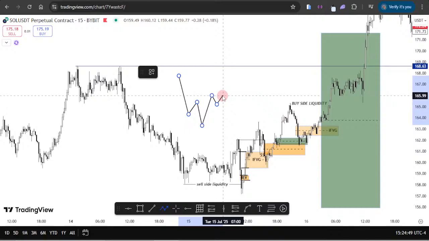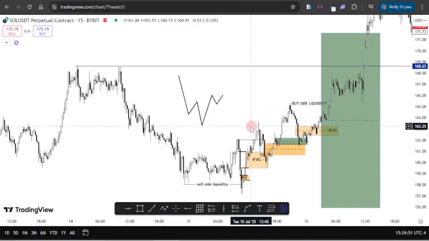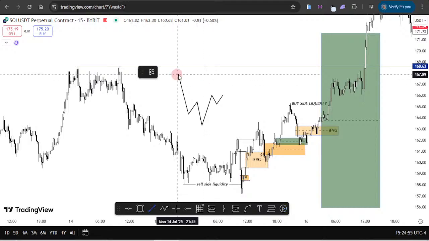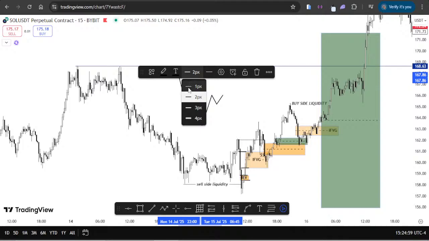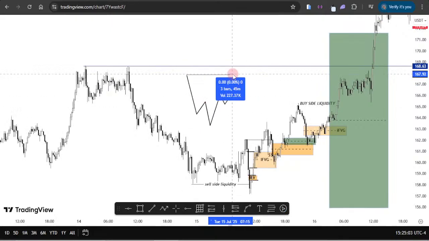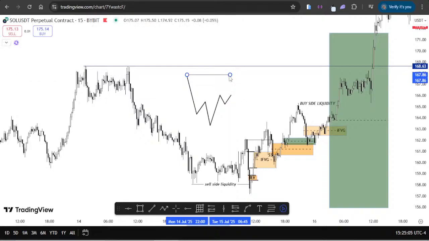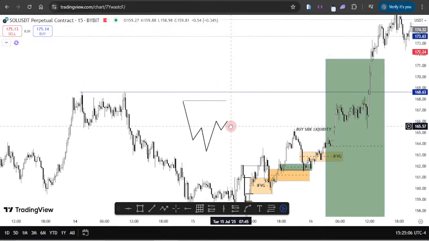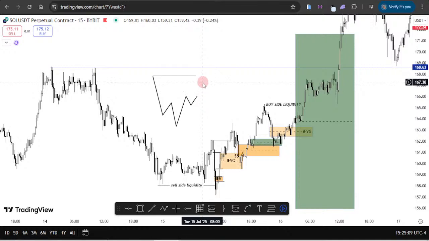Then a relative equal high looks like this. It is a high that is hanging and it has not had any form of sweep of liquidity to the right side.